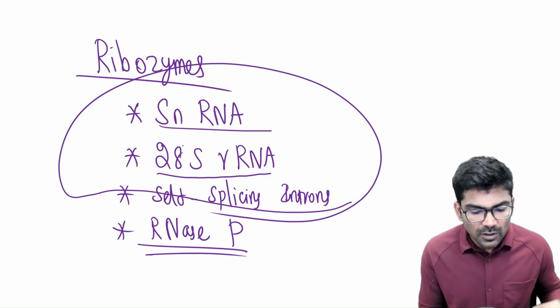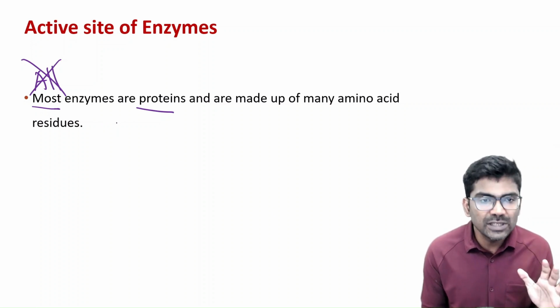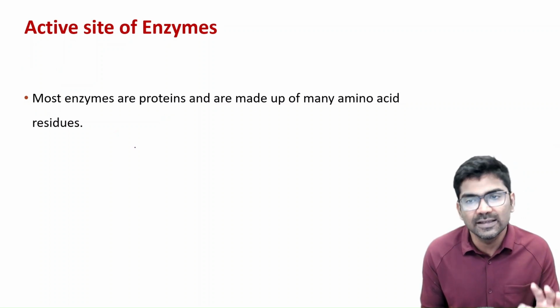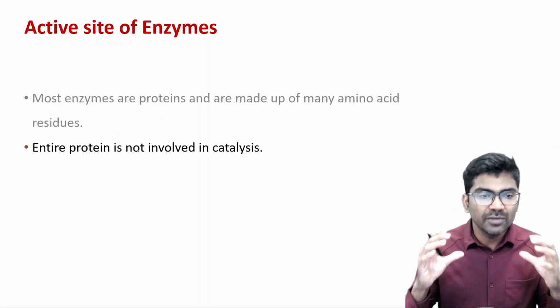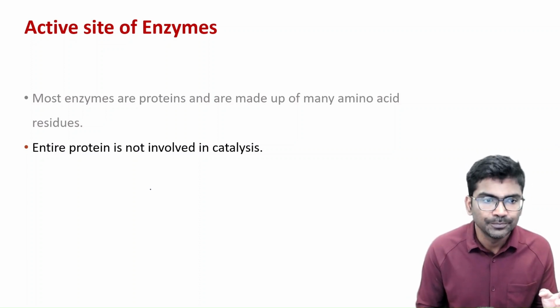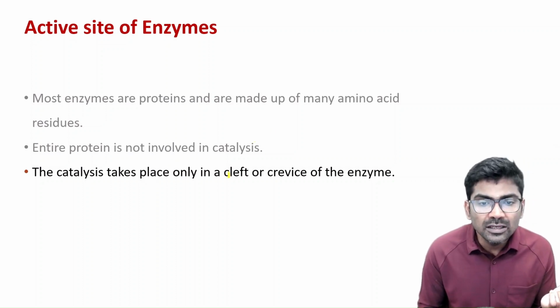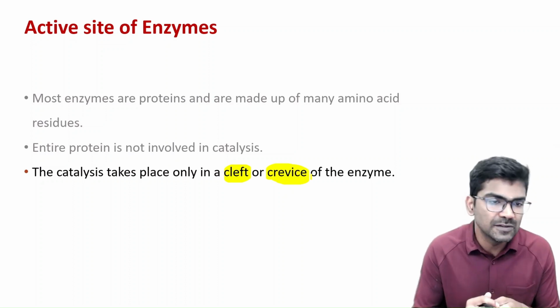Right. So let's go back to our previous slide. Most enzymes are proteins and they are made up of amino acid residues. The entire protein portion of enzymes is not involved in catalysis. Catalysis takes place only in a cleft or crevice of the enzyme.